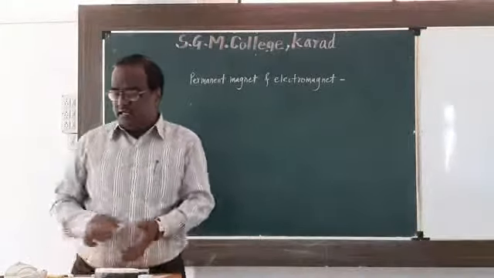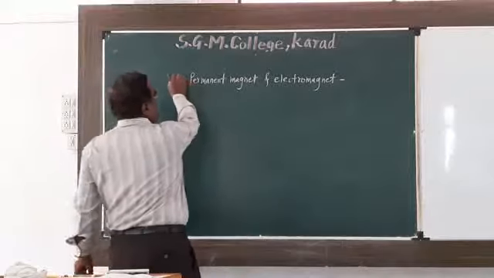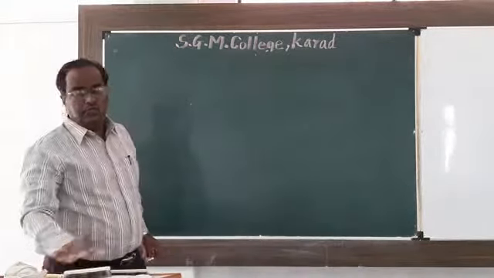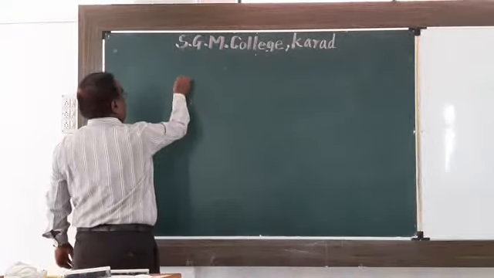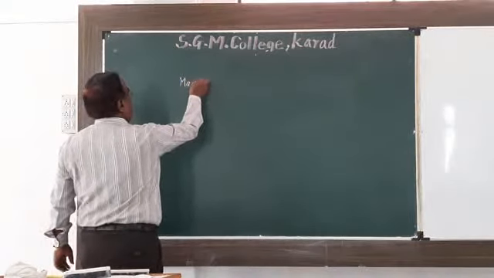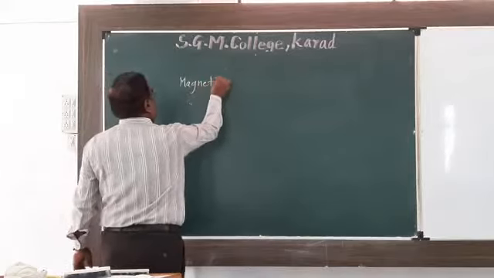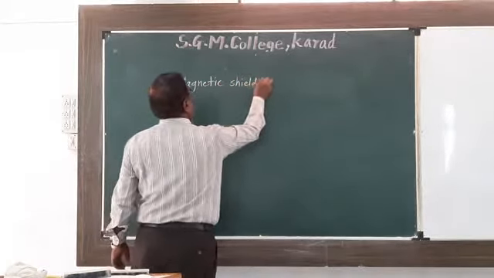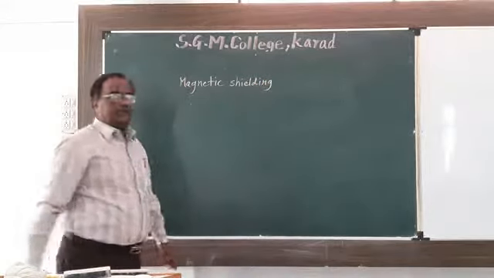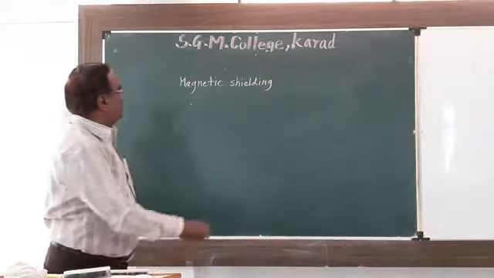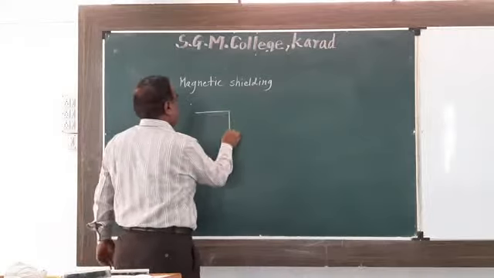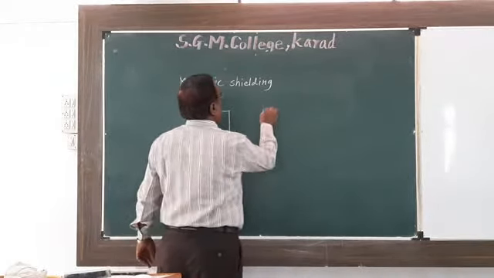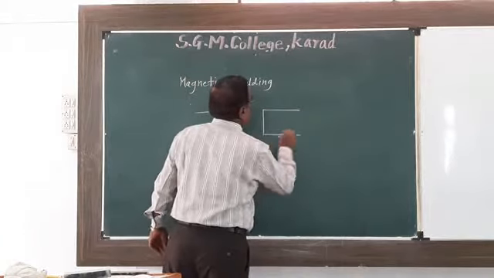Now, the last article of this topic is magnetic shielding. I will draw a simple diagram. This is a magnet. Another magnet is kept in front of the first magnet.